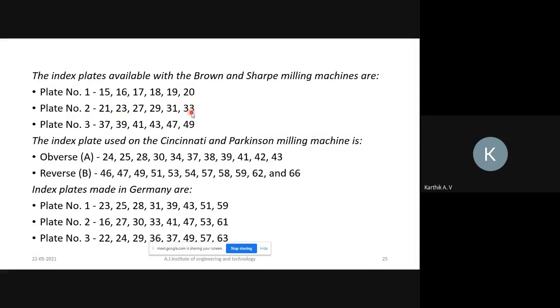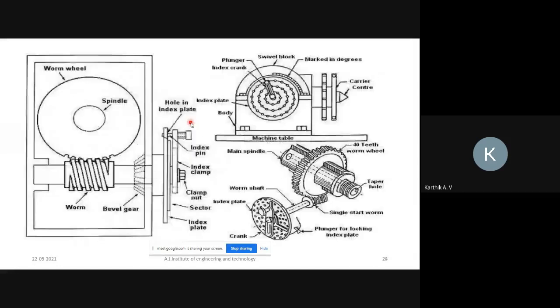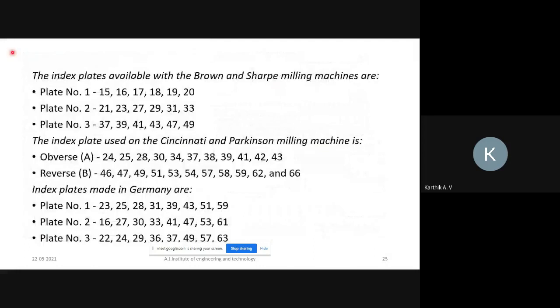Plate number 3 has 37, 39, 41, 43, 47, 49. These are the different varieties of plates. If you count a full circle, you will get one number, that is 15, 16, 17, 18, 19, 20.